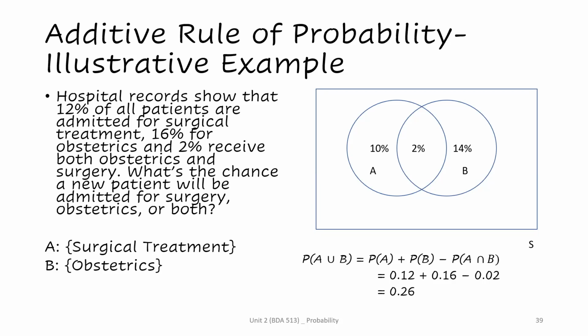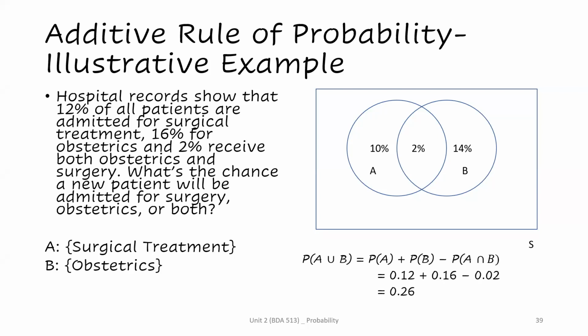We are told that 2% receive both obstetrics and surgery, so that is the middle one. That's the first one you do, so you put 2% there. And then A is 12. Those who are admitted for surgical treatment is 12, so those who do only surgical treatment will be 10, isn't it? Because if you add 10 and 2, it gives you all patients admitted for surgical treatment, including the 2% who also do obstetrics.